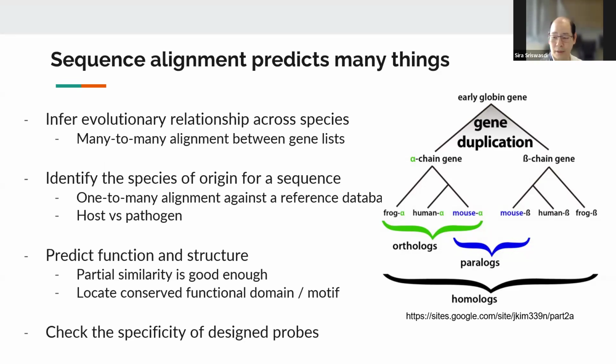You can do this with sequence alignment by aligning the DNA fragment you have against a database of microorganisms, and you get the answer of which species this comes from. And you can use sequence similarity to predict the structure of a protein. We'll talk more about this in the protein structure modeling session, but here's another application of sequence alignment.